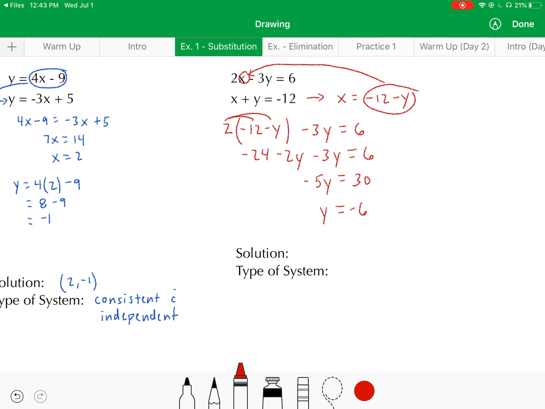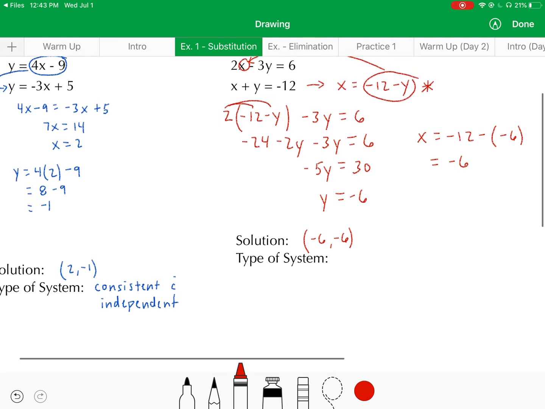I would actually choose to plug it in right here because I'm ultimately trying to solve for x, right? So I'm going to say that x is equal to negative 12 minus negative 6, which is going to result in negative 6. So that means the solution to this system is (negative 6, negative 6).